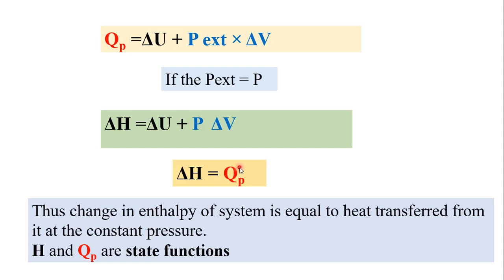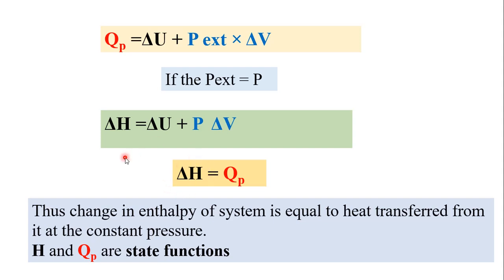Q and W, that is, heat absorbed or evolved and work done, are path functions. They depend upon the path by which the change is carried out. But here the change is carried out at constant pressure, and therefore the heat change at constant pressure is a state function. Enthalpy is a state function, and QP is also a state function, as QP is equal to delta H, and delta H is a state function.